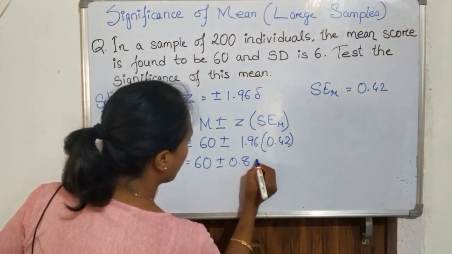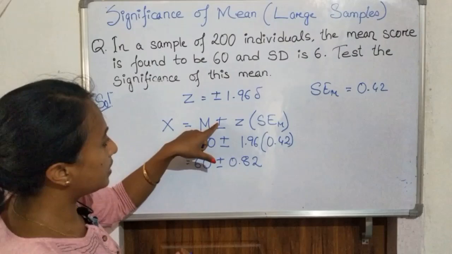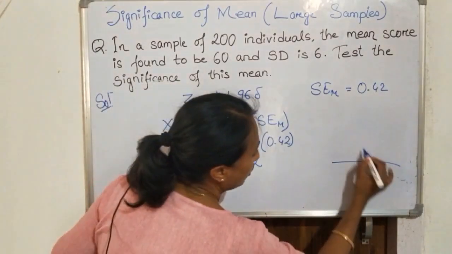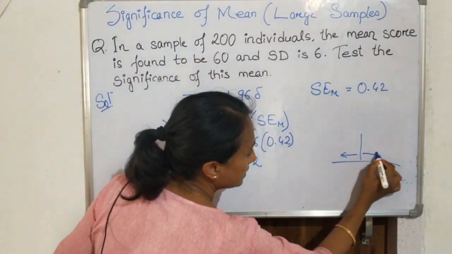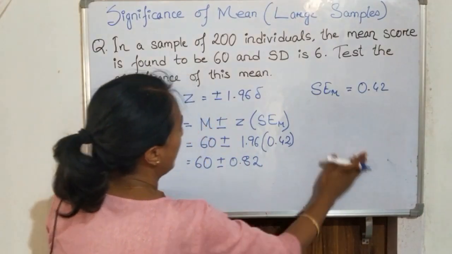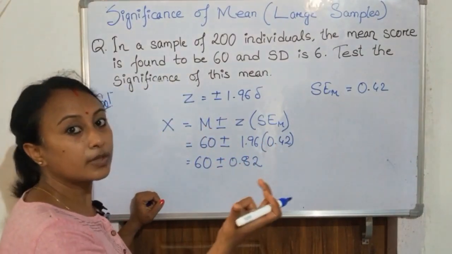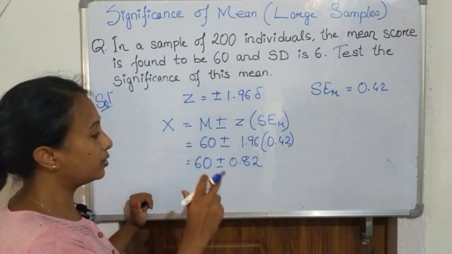This you understand, no? Plus minus is both sides of the NPC; this side is minus, this side is plus. So we need two values, as you understand from the previous video.